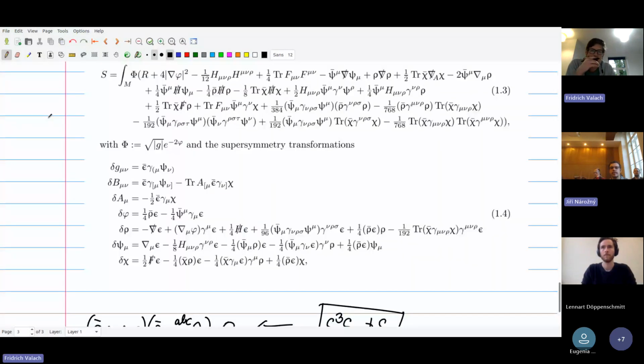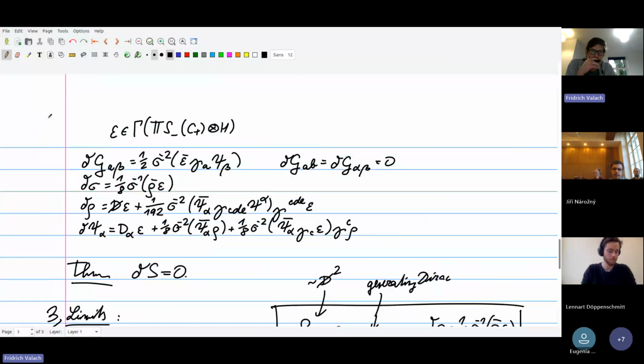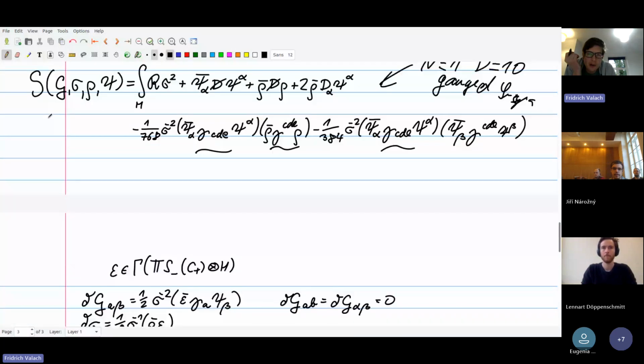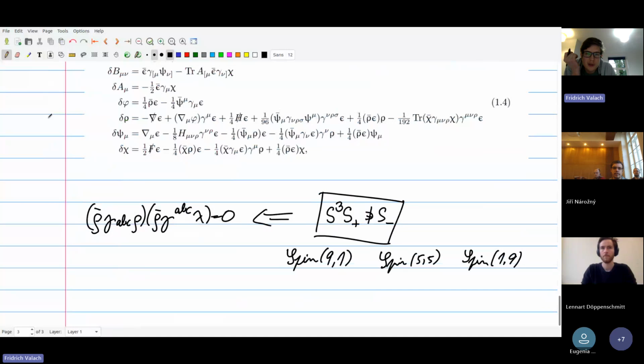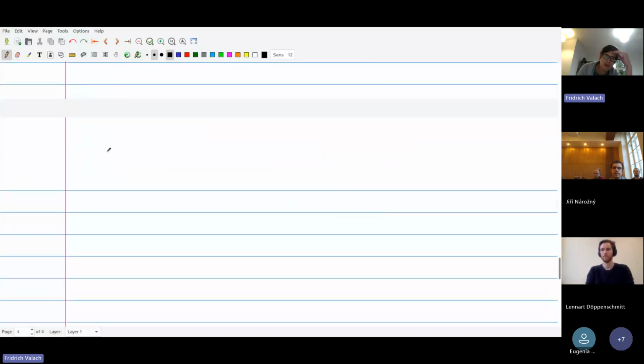Okay, very good. This is a little bit like playing with Lego, and I kind of like this bit. You have two spinors, rho and psi, and psi carries an extra index alpha, and you want to write a term which has 4 fermions.